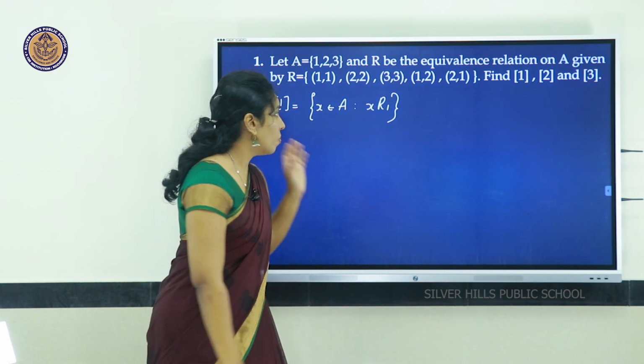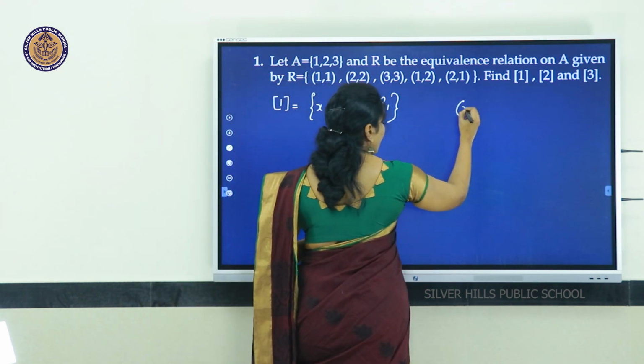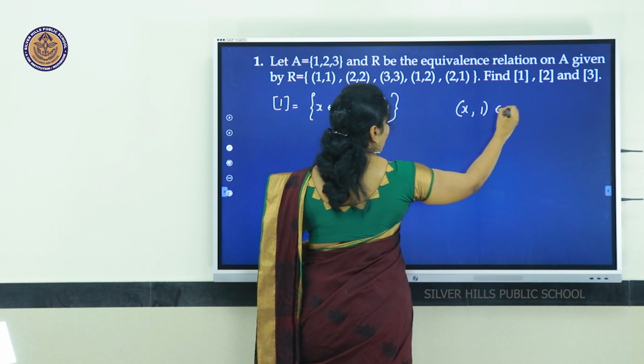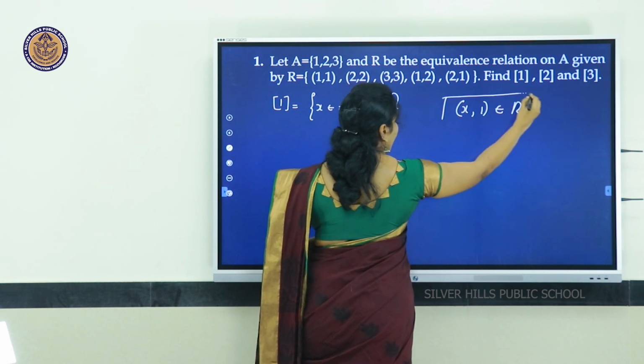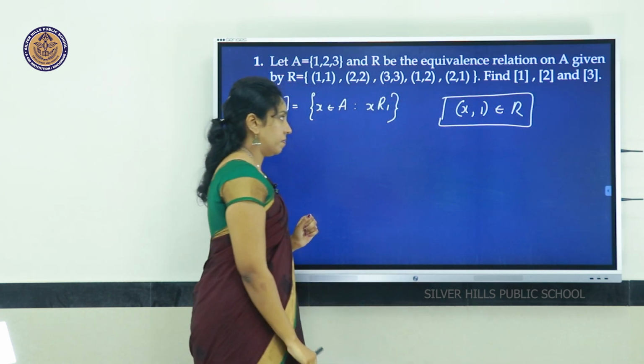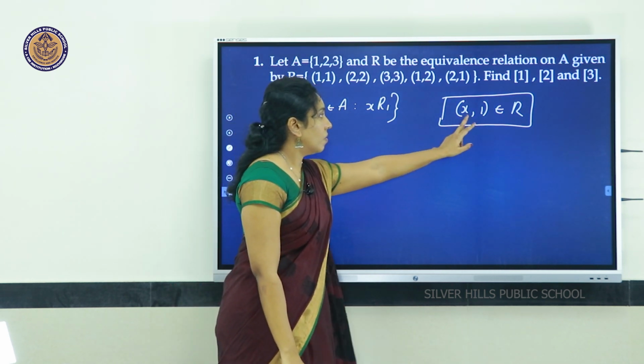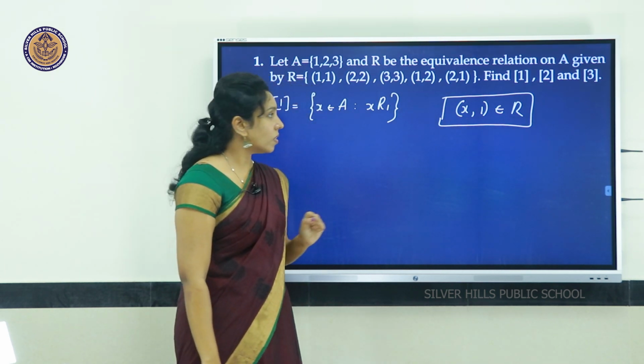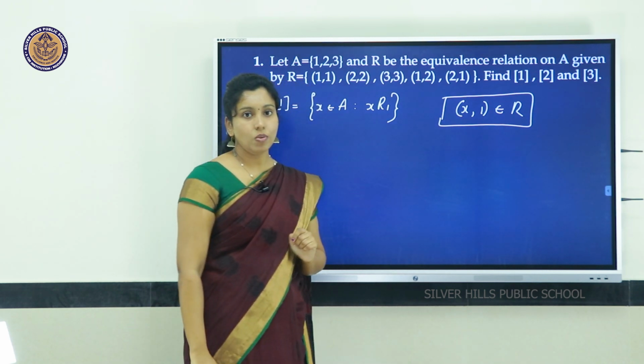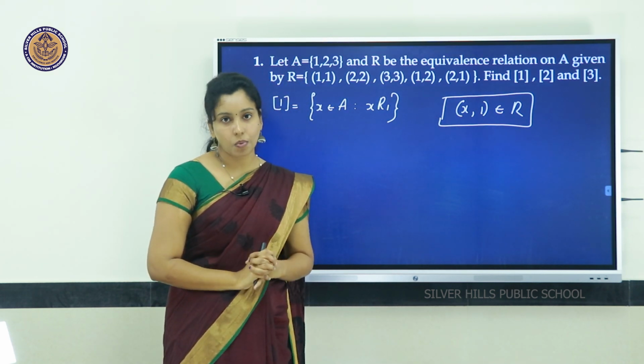That means a pair (x, 1) belongs to R. You need to select a pair which is present in the given relation and collect all x values, which gives you equivalence class [1].